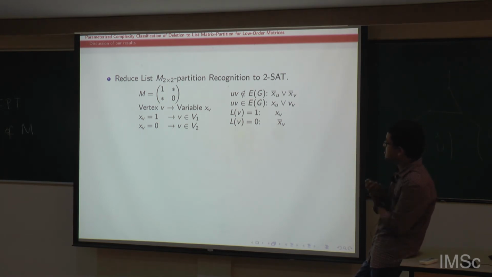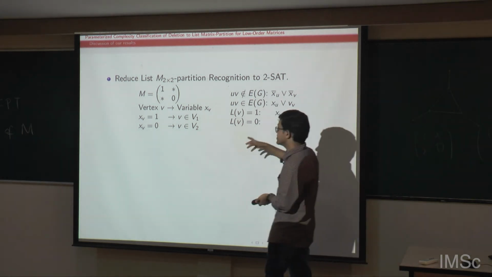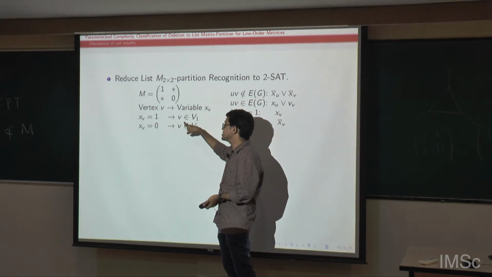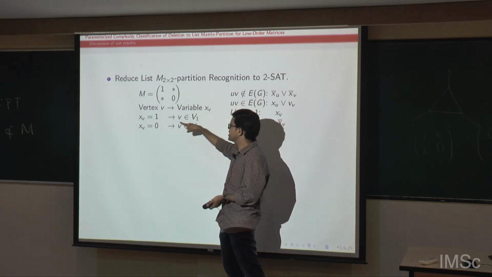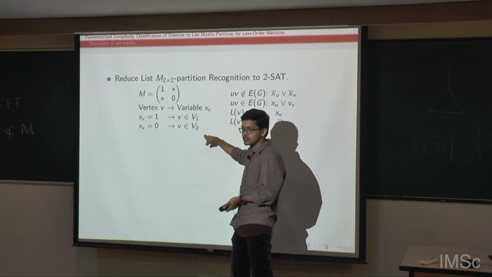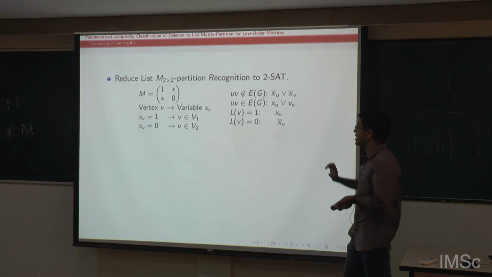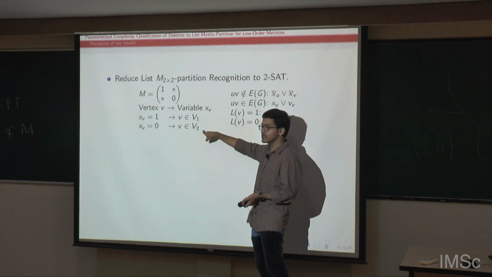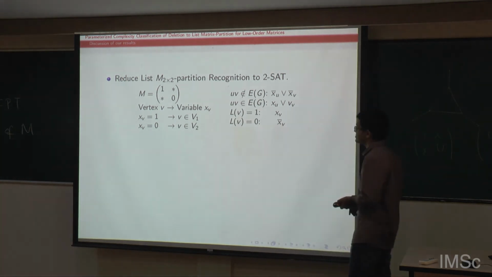For every vertex we introduce a variable xv with this meaning: xv gets 1 means the vertex must go to part 1, xv gets 0 means it must go to V2, where V1 we want to be a clique and V2 an independent set.